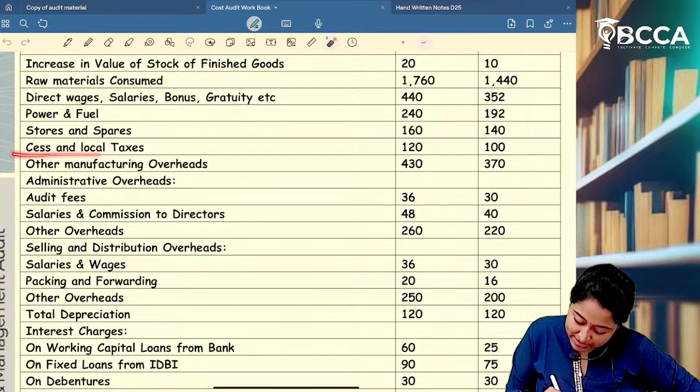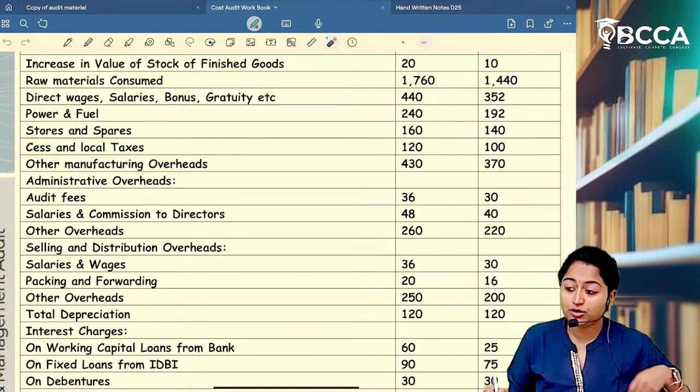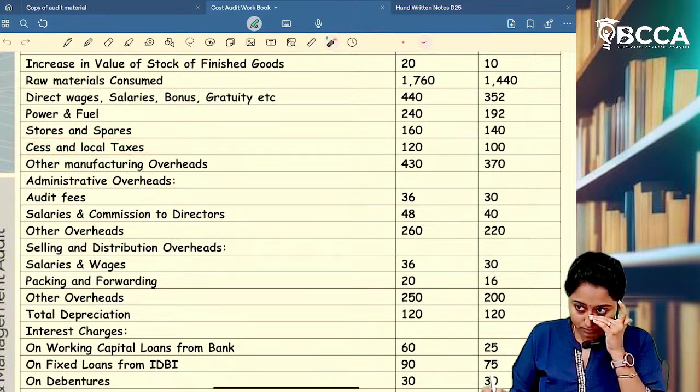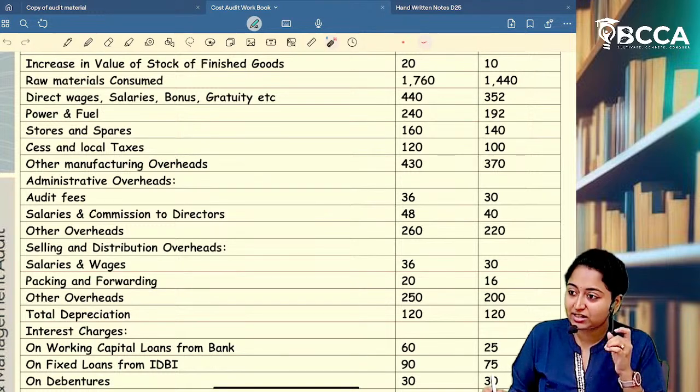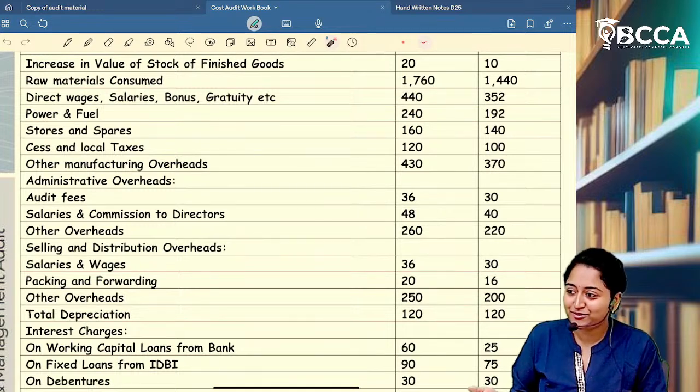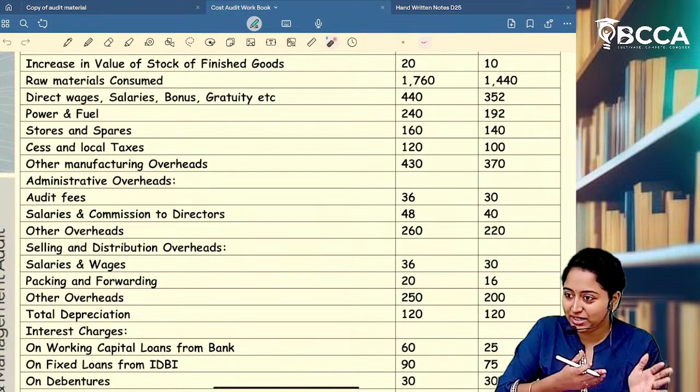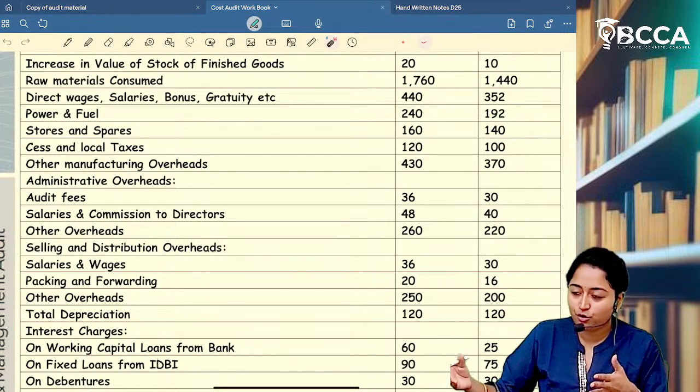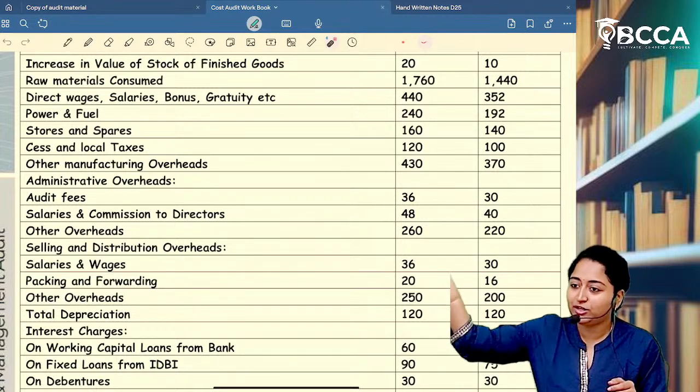After that, cess and local taxes. Where will we take cess and local taxes? Will we take it in value addition? No. We'll take it in earnings available for distribution. Why are you thinking so much? Taxes are in raw materials conversion to finished goods. No, whatever we get as earnings will be given to the government, right?